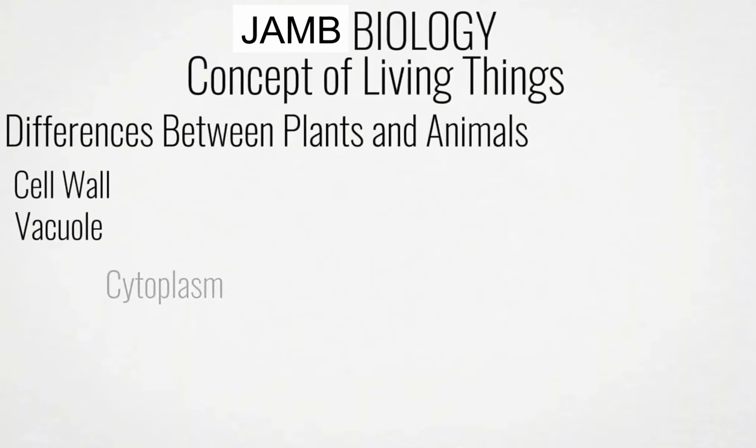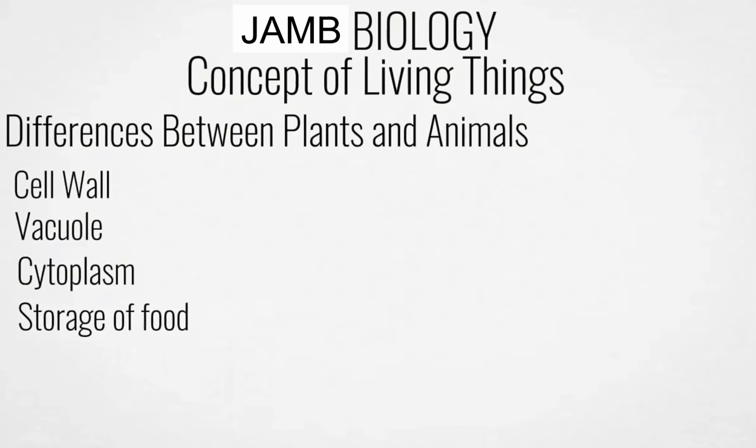So let's talk about the cytoplasm. Now, due to the presence of a large vacuole in plants, there is a thin cytoplasm. Whereas in animals, we have a large cytoplasm. Also, let's look at how food is stored in their cells.